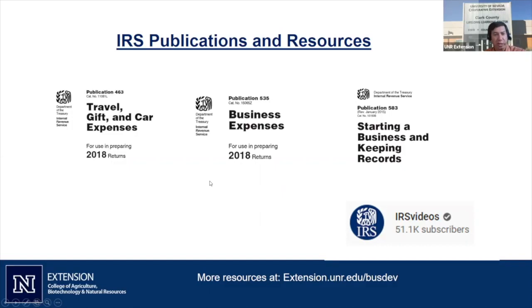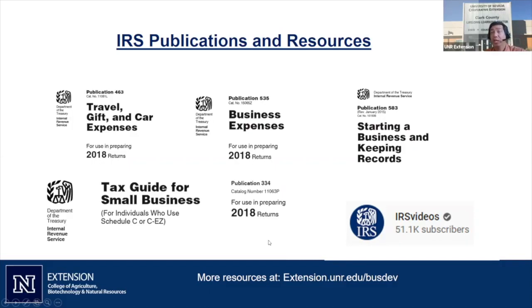They touch on every single subject and give you examples and things like that. But we're going to provide you a little bit of a summary here so you don't have to go through all the publications. There's a tax guide for small businesses.